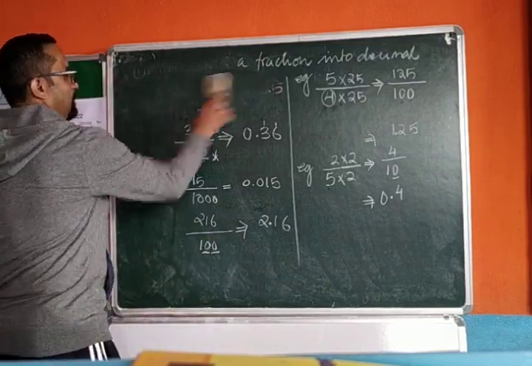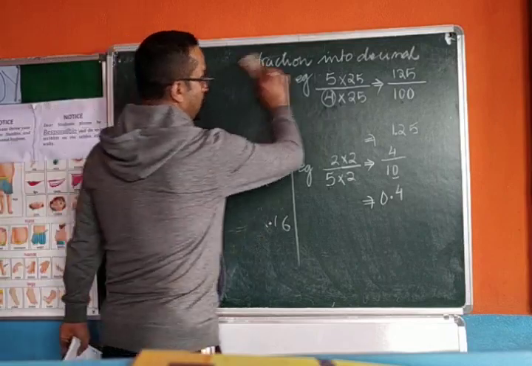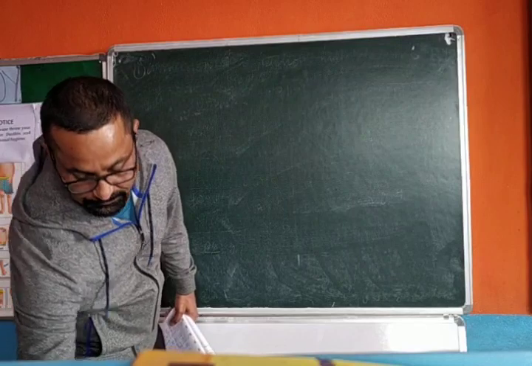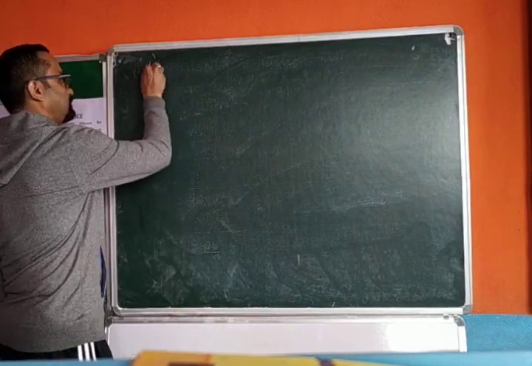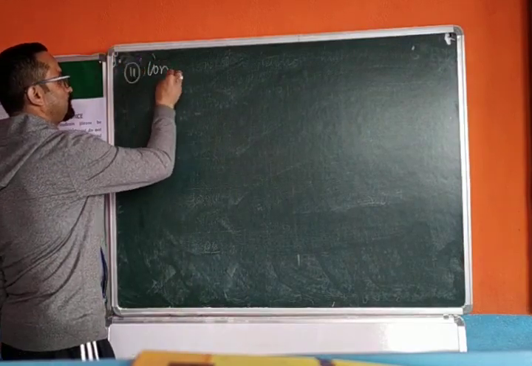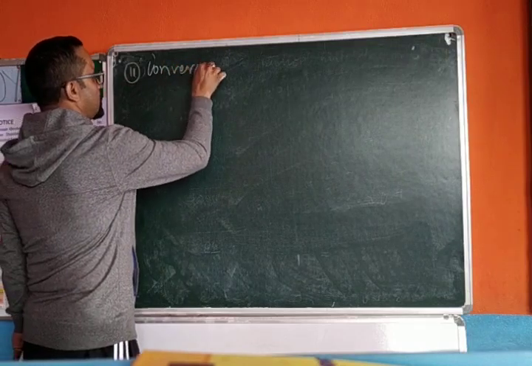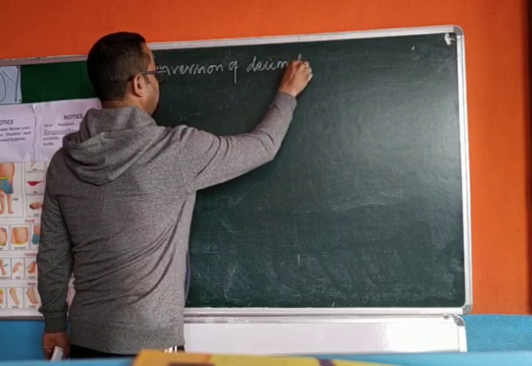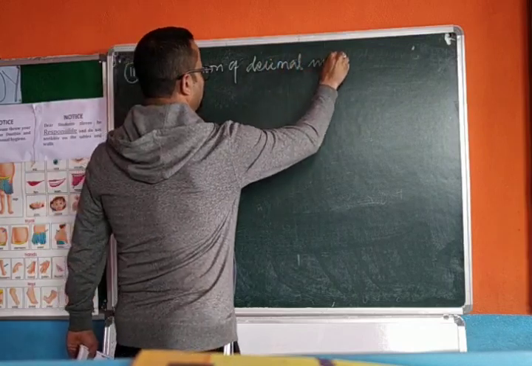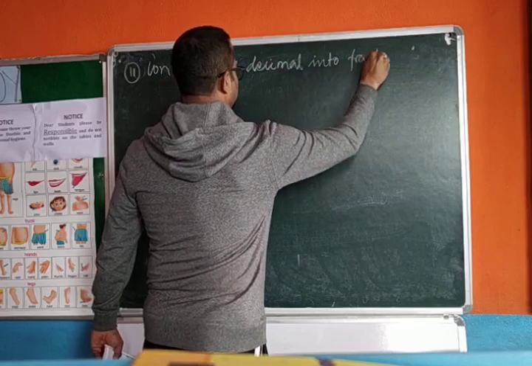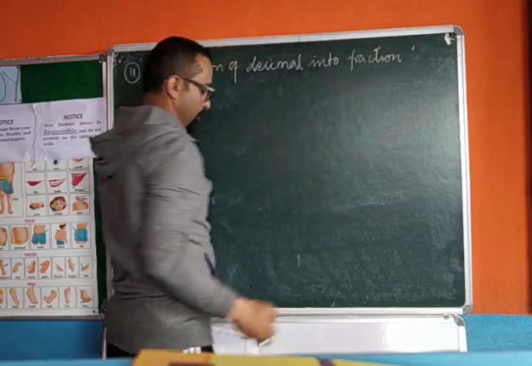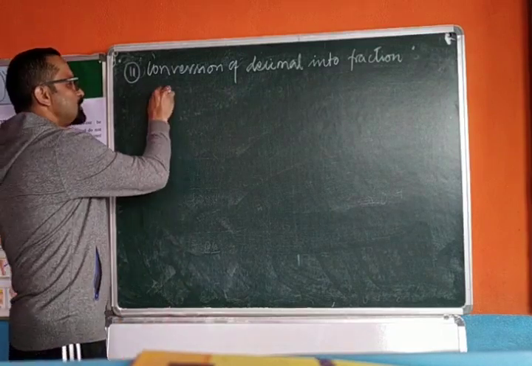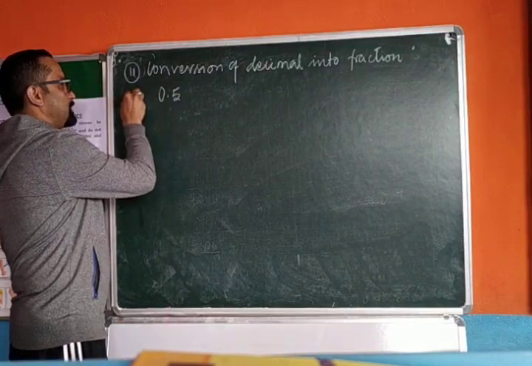Second type, that is conversion of decimal into fraction. This is type 2, conversion of decimal into fraction. 0.5 example.